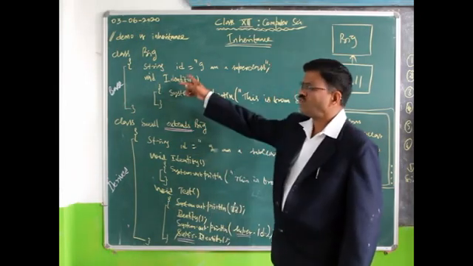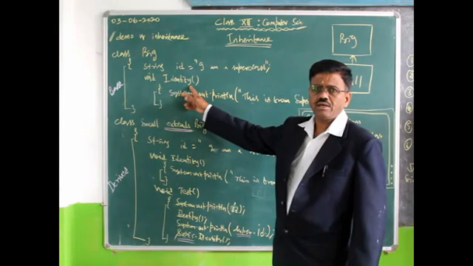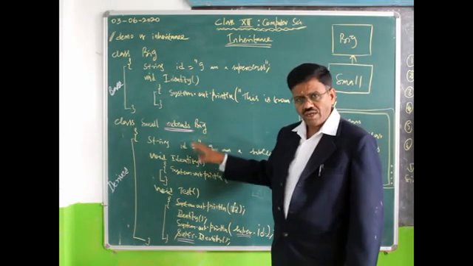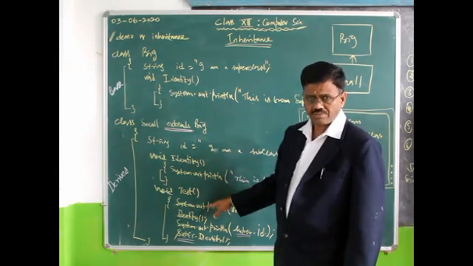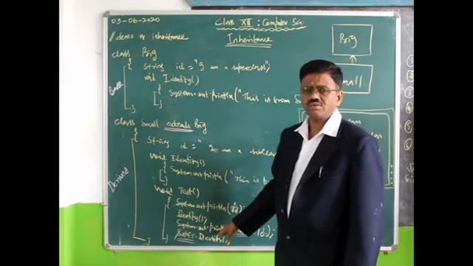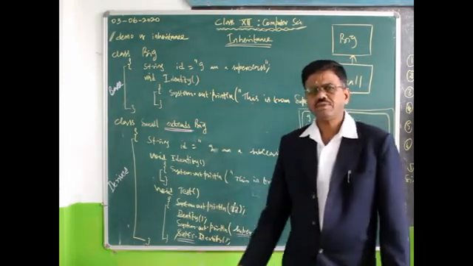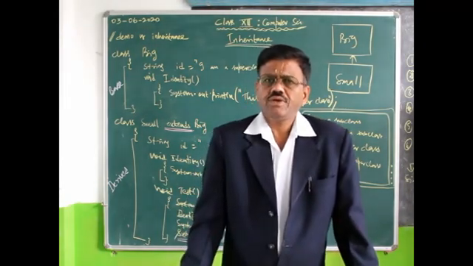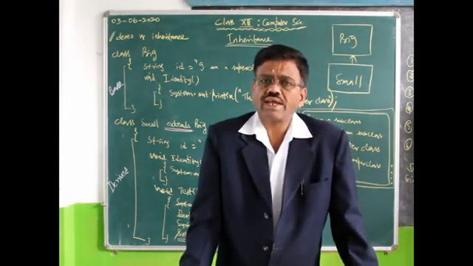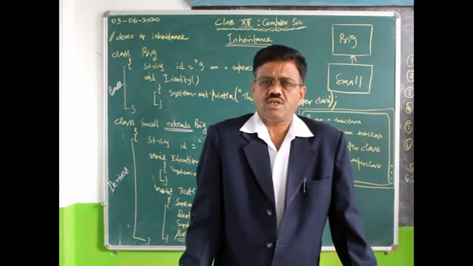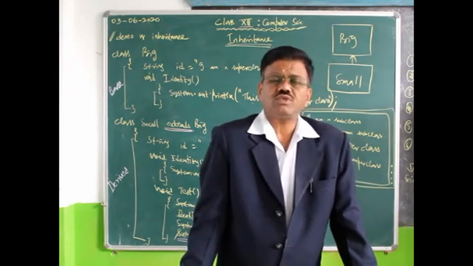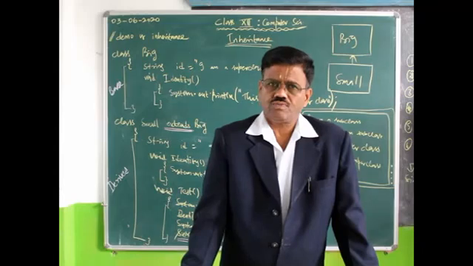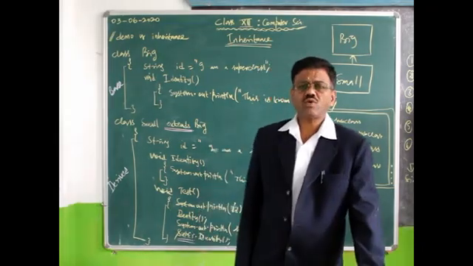For example, I have two variables, A and B. You inherit them, find their addition, subtraction, multiplication, division, and print them. Simple. Next class, I am going to teach you override and overload. There are two concepts. Let me recapitulate what has been done today.